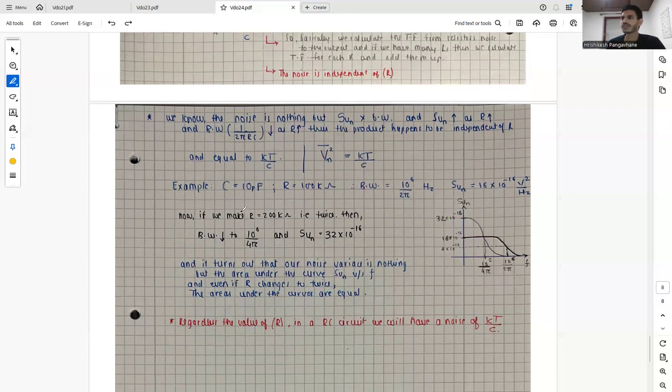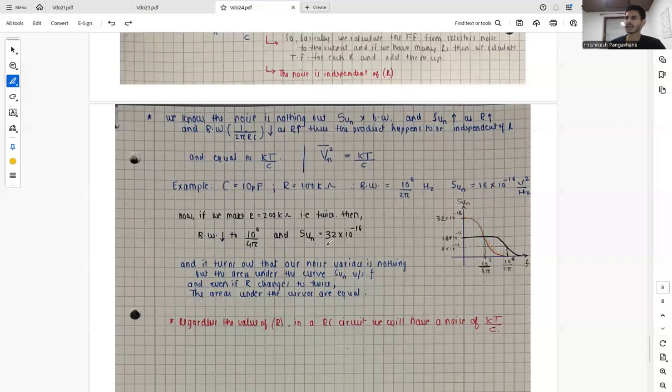And now if we make the resistor value twice its value, so 200 kilo ohms, then the bandwidth will become half and SVn will become double. So initially we had this curve, and now if we increase the value of R, the bandwidth will reduce to half of its point and the spectral density will become twice, and it will go to 0 like this.